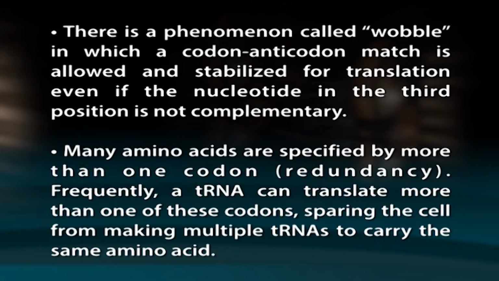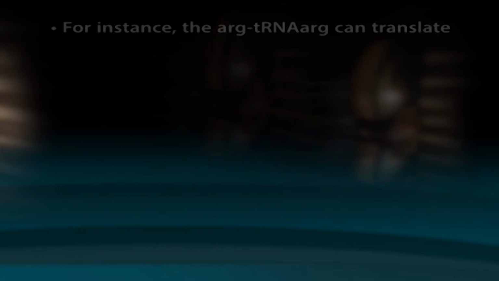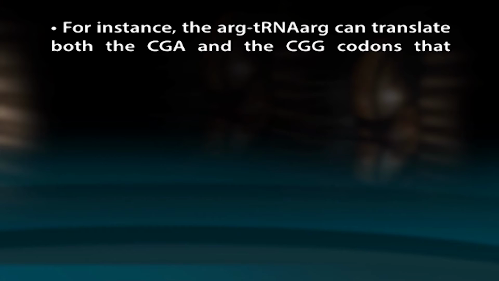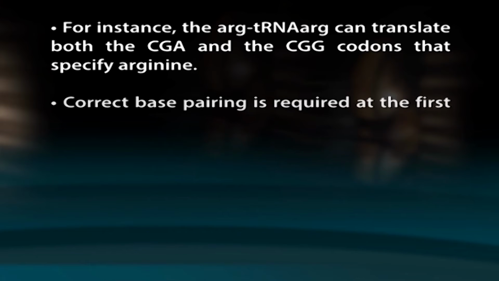Frequently, a tRNA can translate more than one of these codons, sparing the cell from making multiple tRNAs to carry the same amino acid. For instance, the tRNA for arginine can translate both the CGA and CGG codons that specify arginine.